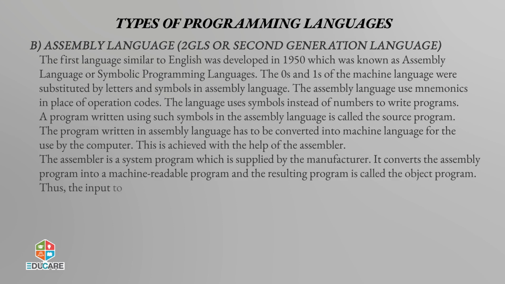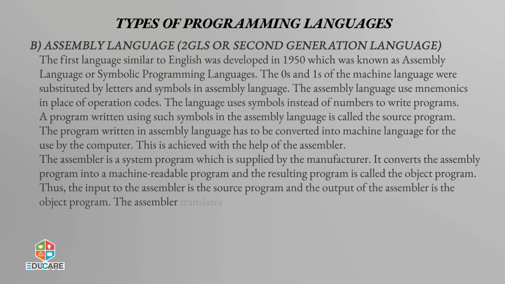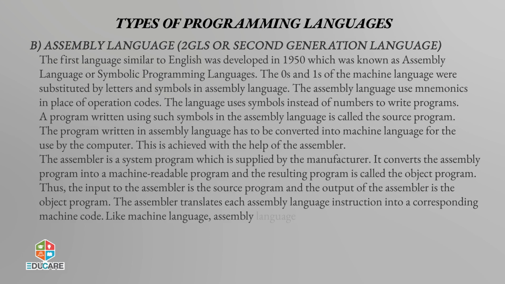Thus, the input to the assembler is the source program and the output of the assembler is the object program. The assembler translates each assembly language instruction into a corresponding machine code. Like machine language, assembly language is also machine-dependent and is regarded as low-level language.